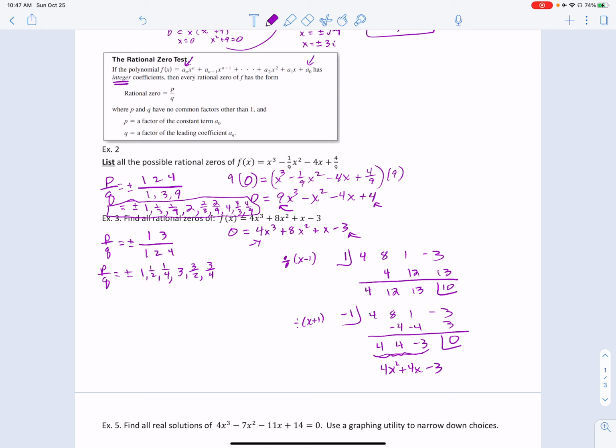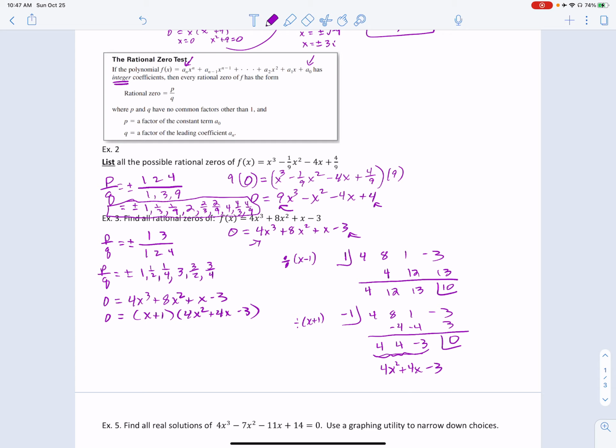So if I factor f of x, or actually I'm going to try and find the zeros, I'm going to rewrite this and set that equal to 0. One of the factors is x plus 1, and when I divide by x plus 1, I get 4x squared plus 4x minus 3 as the quotient.